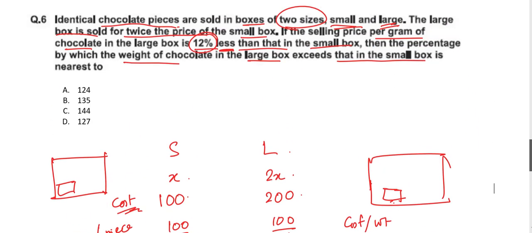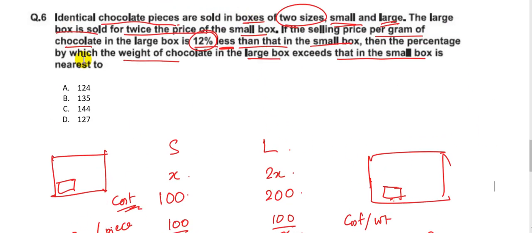So from the options we can see that we have 127 as one of the options, so that is your correct answer.